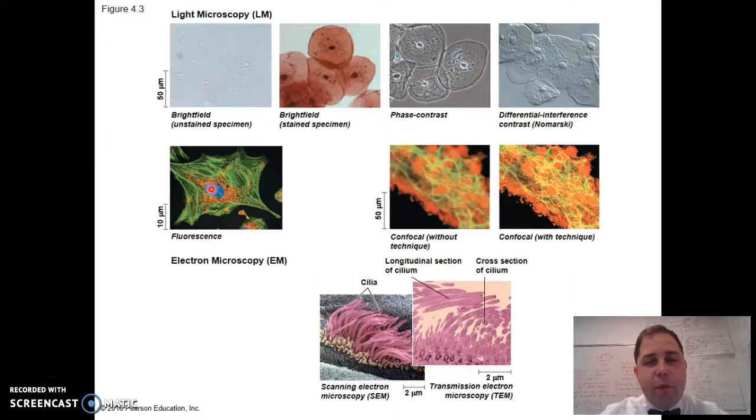In this case, not a protein, it's DNA, but it lets you identify specific things inside of the cell. Finally, you can see in electron microscopy we get much better resolution at a much smaller size. And we have two kinds, scanning electron microscopy, which looks like a 3D image, and transmission electron microscopy, which is going to go through a sample and let you see the interior of that sample.